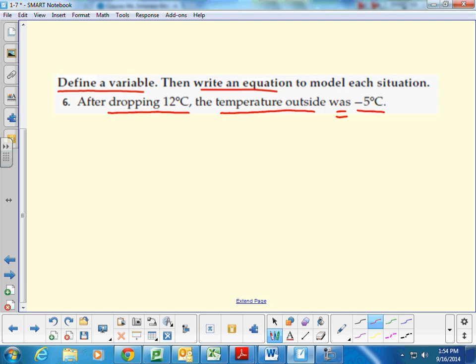It looks like the only thing I could be trying to determine is the temperature. What was the temperature outside before it dropped? So I may label T is the temperature, T for temperature before dropping.